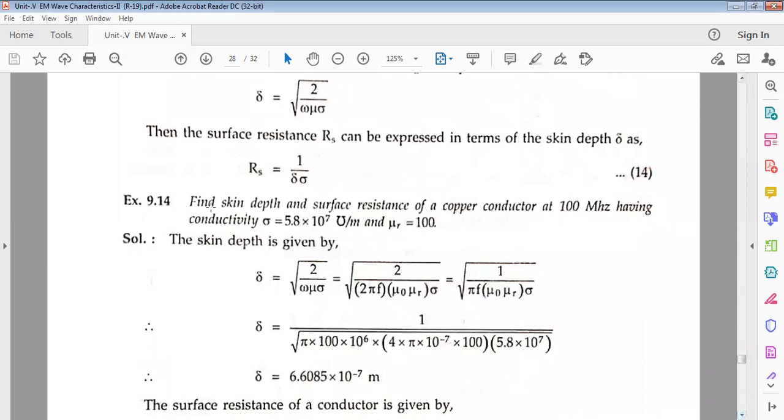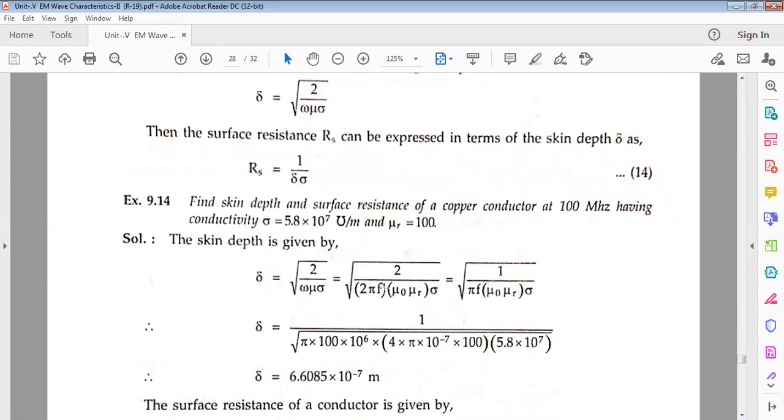Now, if you are given the skin depth and the surface resistance of a copper conductor at 100 megahertz, with conductivity sigma and mu r given, delta is equal to under root of 2 by omega mu sigma.